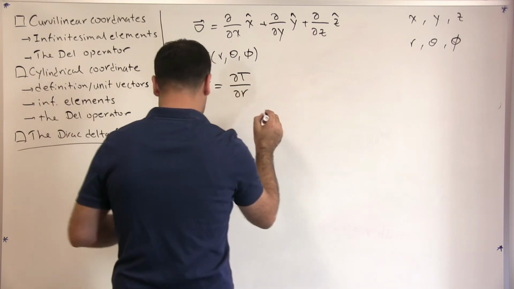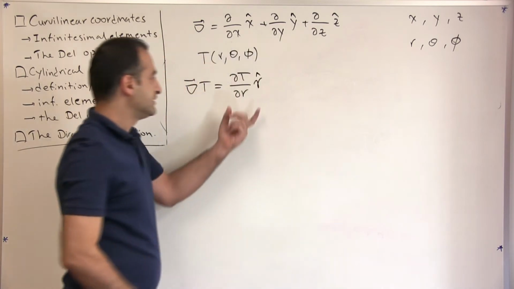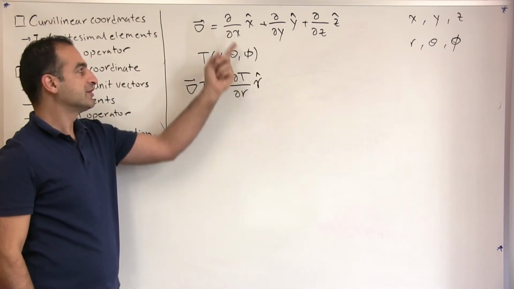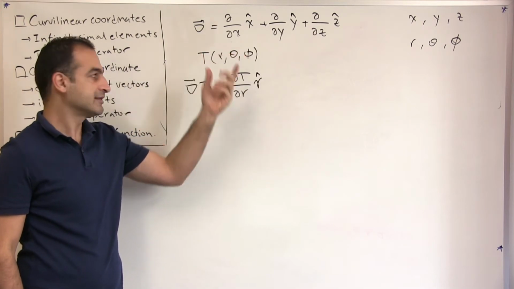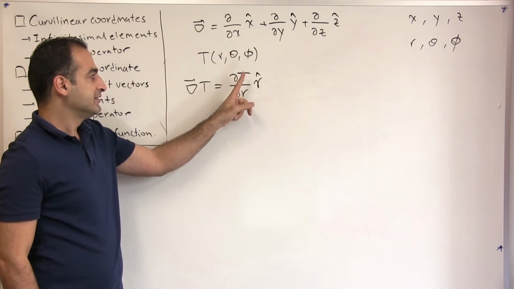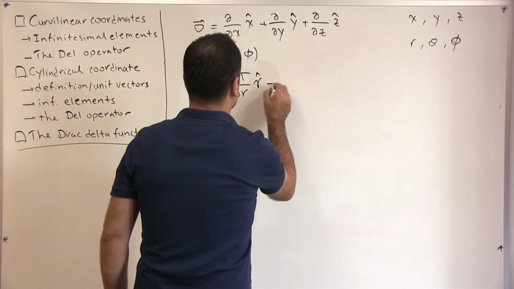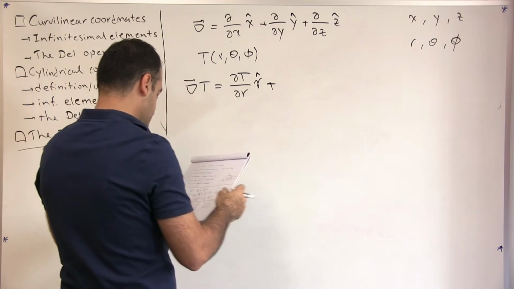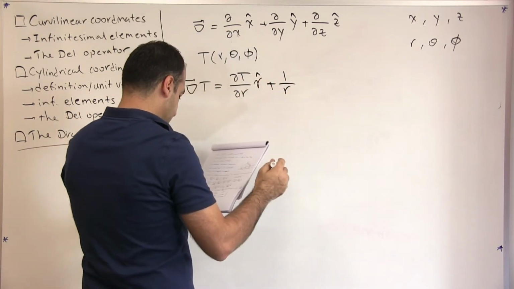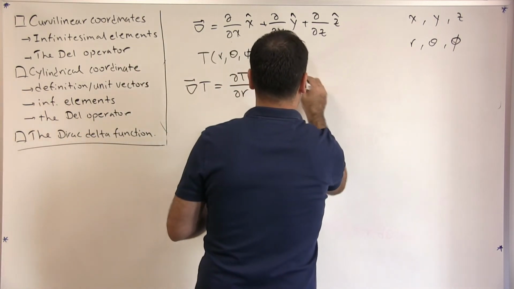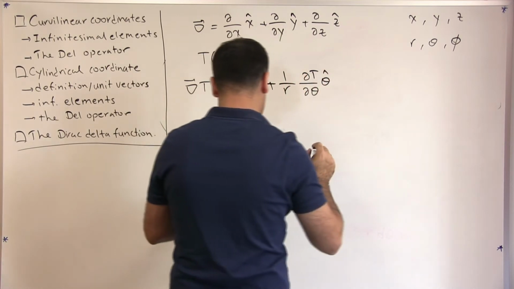dT dr times r hat. As you see, the r component is very similar to the terms that we had for Cartesian coordinates. It's going to be the partial derivative of T with respect to r times r hat, but for the angular components, it's going to look different because they have an additional length. So for the theta term, it's dT over d theta times theta hat.